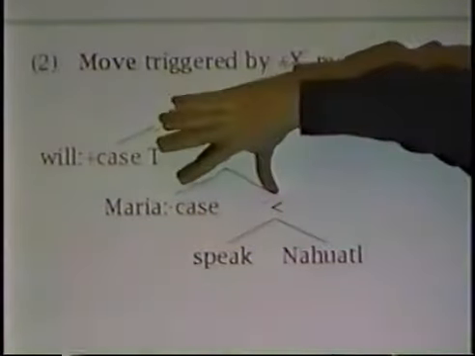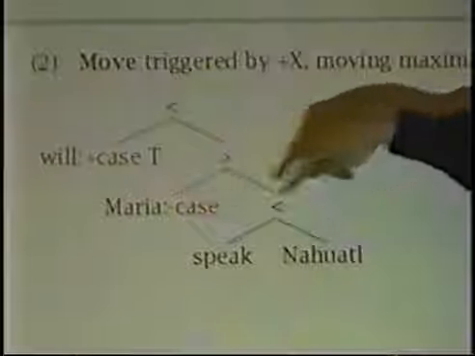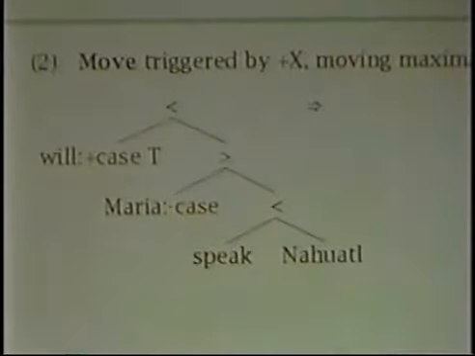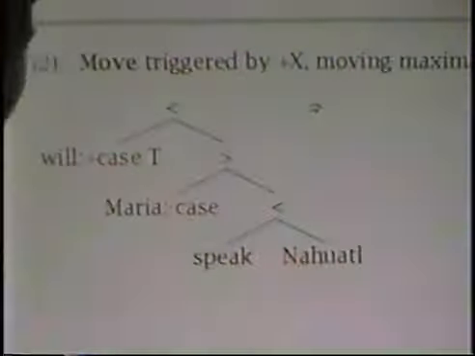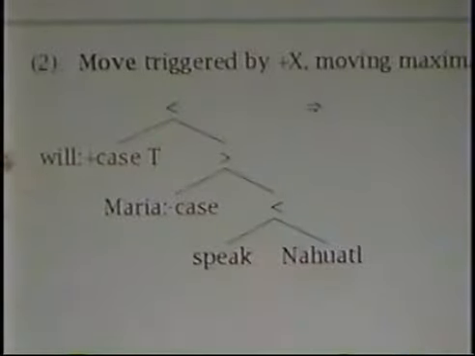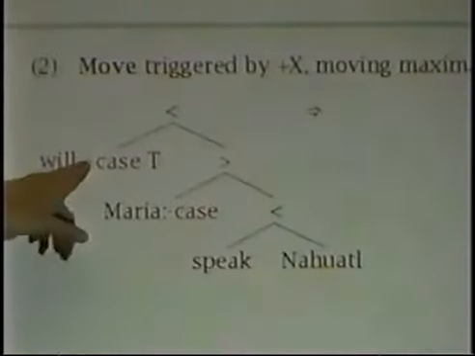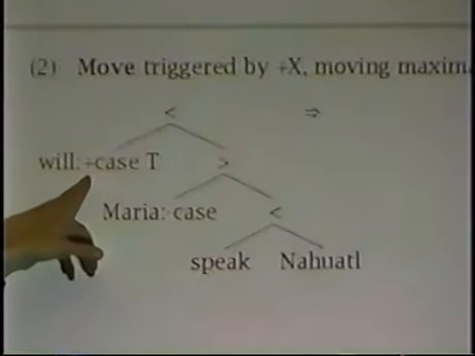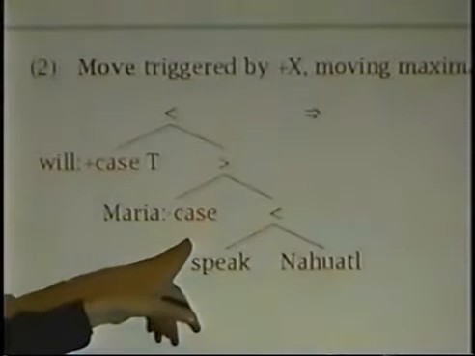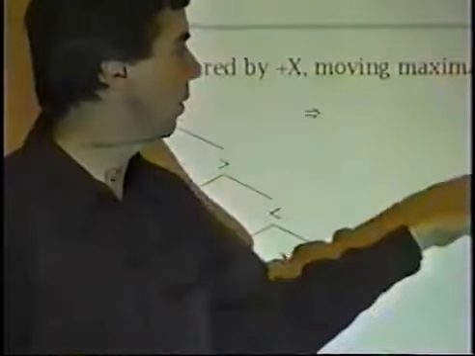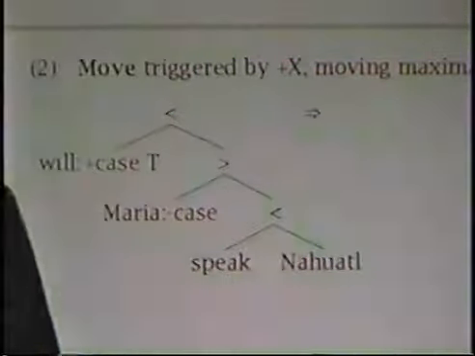So this is in effect the verb phrase, Maria speak Nawa. The way movement works, it always moves phrases: if you have a plus F for some F, you find a minus F phrase, and you take it from its current position and put it up to the left.